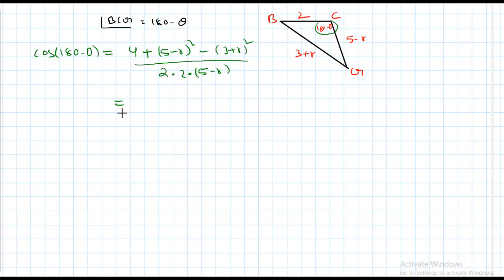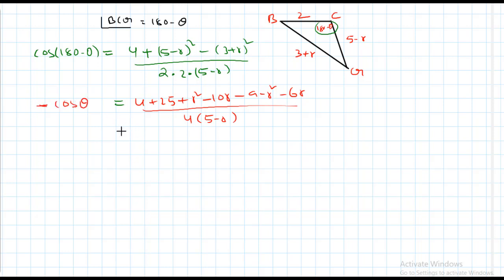I want to simplify this. 4 plus 25 plus R squared minus 10R minus 9 minus R squared minus 6R, by 4 times (5 minus R), which is minus cos theta. Here this R squared gets cancelled. 25 plus 4 is 29, minus 9 is 20.